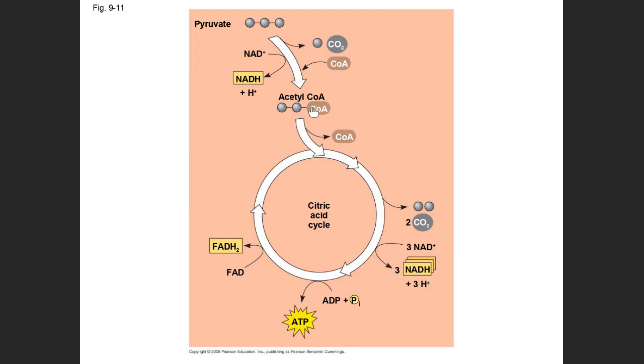Now the acetyl-CoA is going to cycle through the Krebs cycle, make NADH, ATP, and FADH2, and every carbon is going to be ripped off and released as CO2. And when those covalent bonds are broken, the electrons will be captured by the NADH and a little bit in the FADH2.